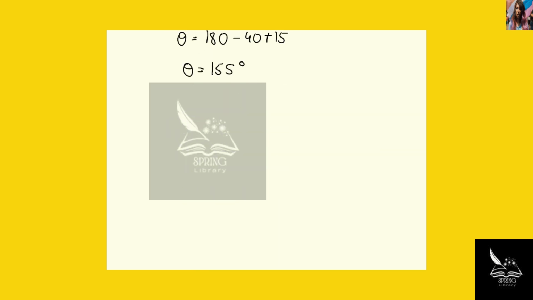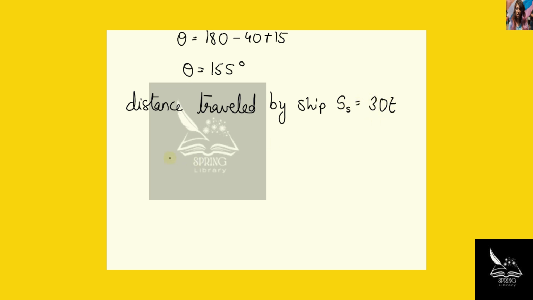So let's say the distance traveled by the ship, let us call it S, is equal to 30 times t.